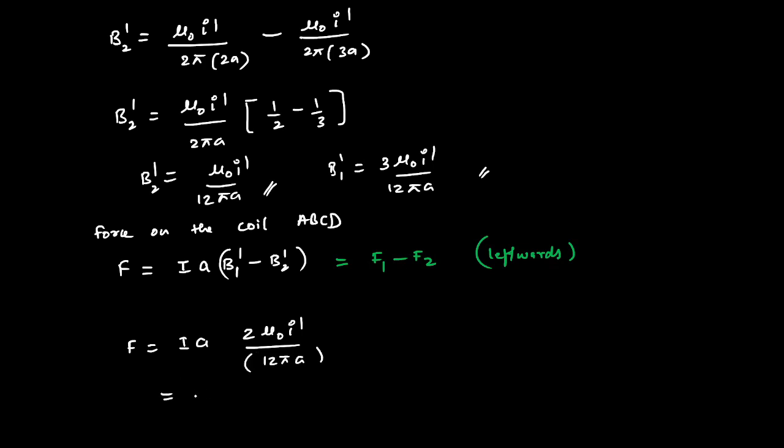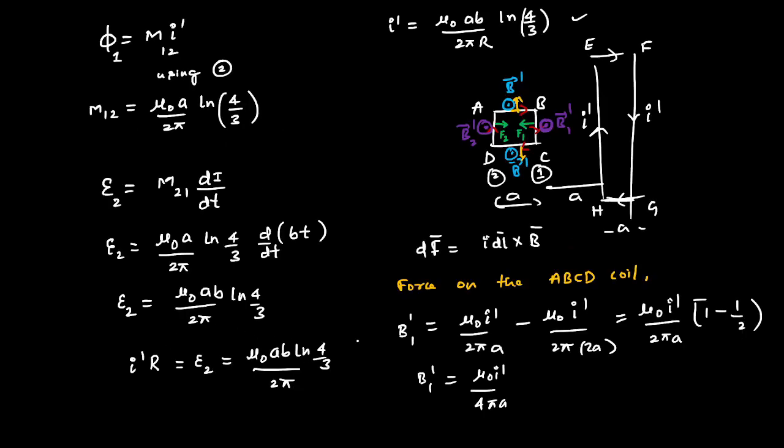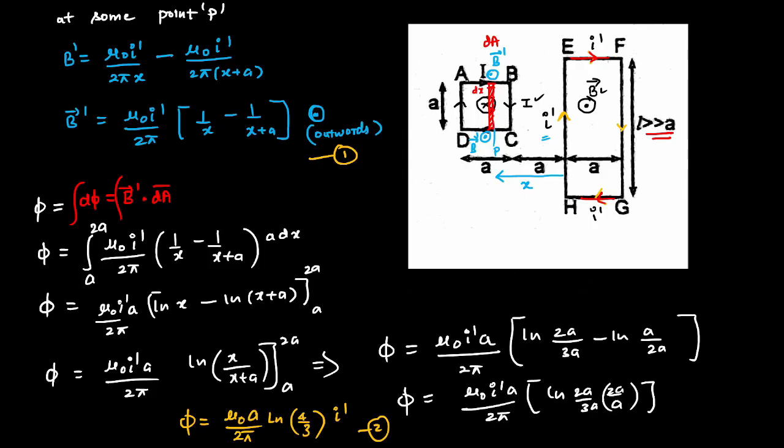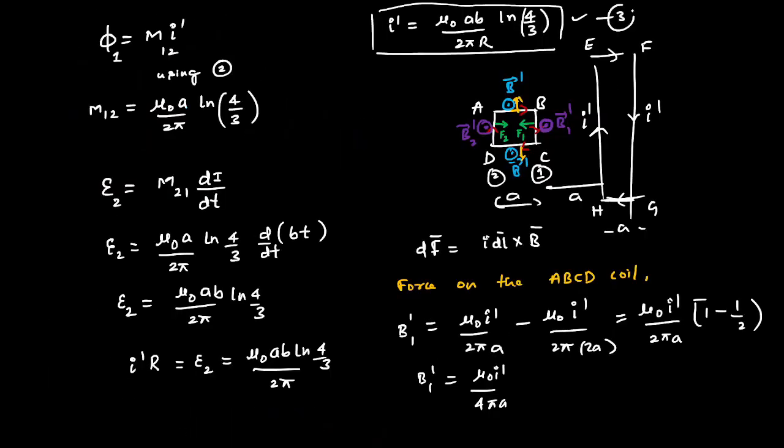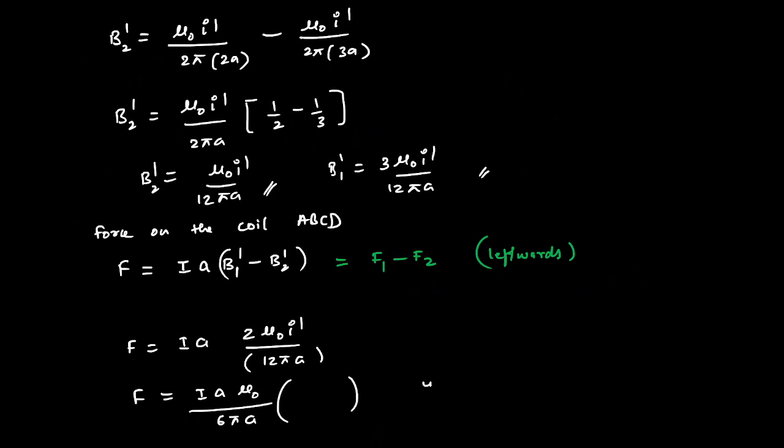We can simplify further: I times A, this is mu naught I dash by 6 pi a. Now I need to write the value of I dash, which we already found earlier. We can call this equation number 3.